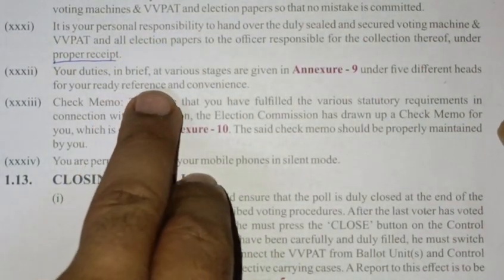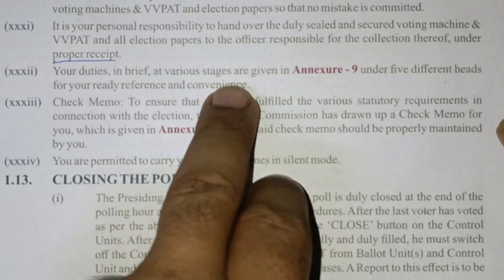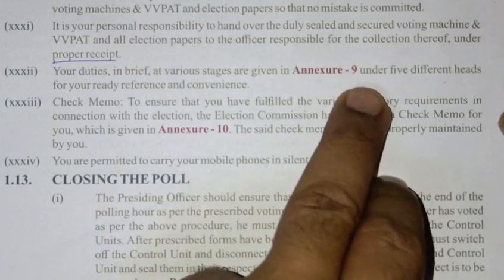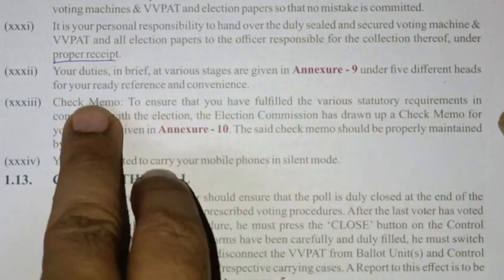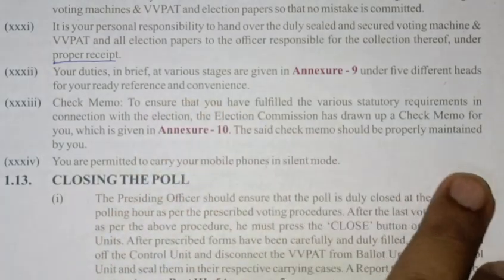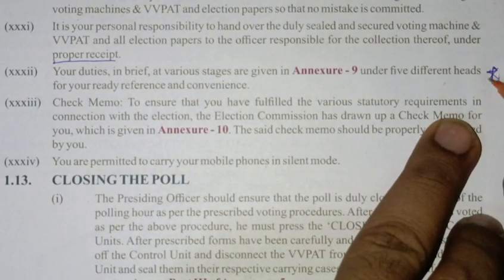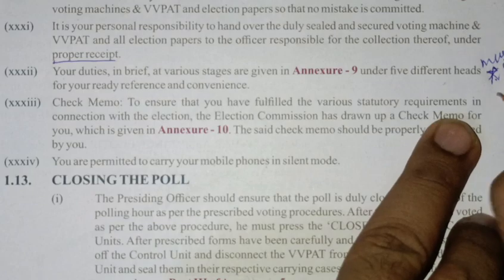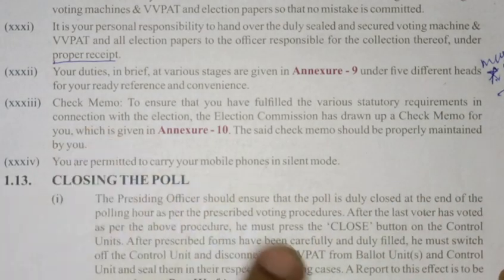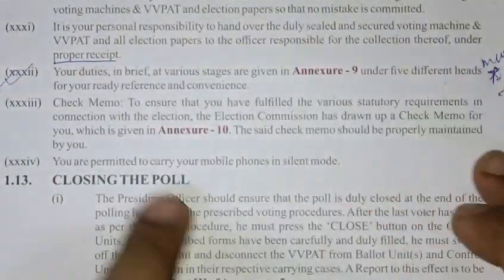Your duties in brief at various stages are given in Annexure 9 under the different heads for your ready reference and convenience. Check memo. इसको जरूर देख लें इस पॉइंट को.